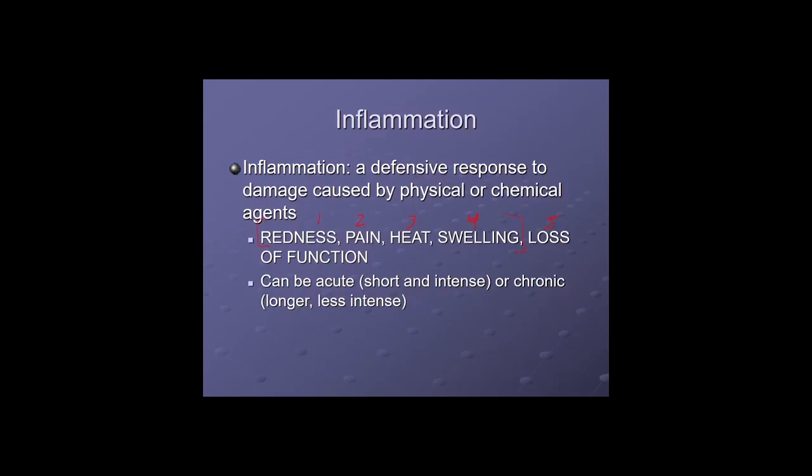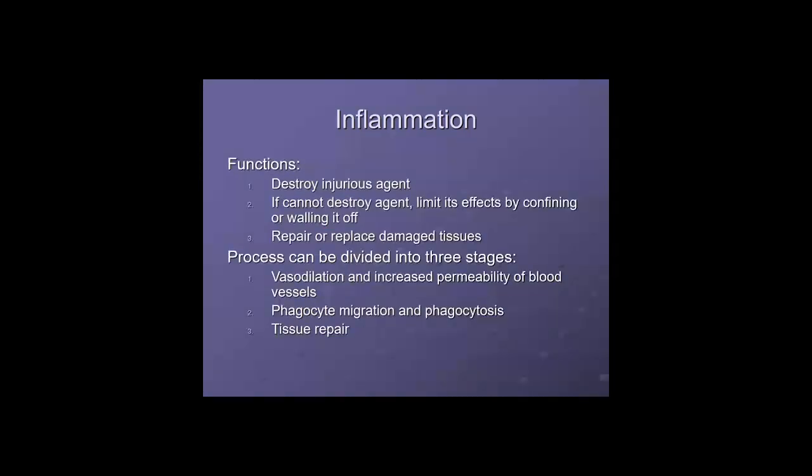Chronic inflammation is almost never a good thing. It's nowhere near as intense, but because it's lasting these long periods of time, you start getting off-target effects, and it starts affecting your joints. It starts affecting your blood vessel walls and your heart, and you start to have lots of problems that develop from it. Chronic inflammation is generally not good. It's a bad thing. Acute can be very helpful, but chronic tends to be bad.